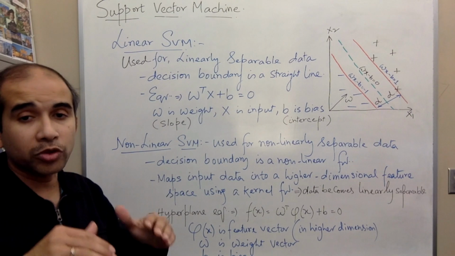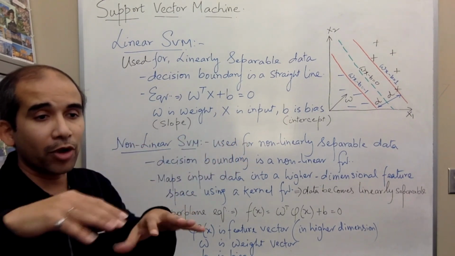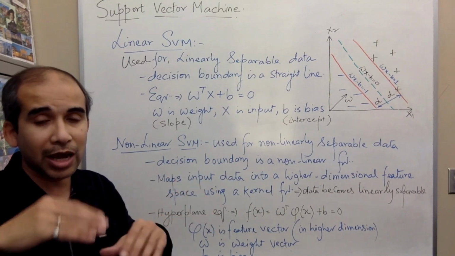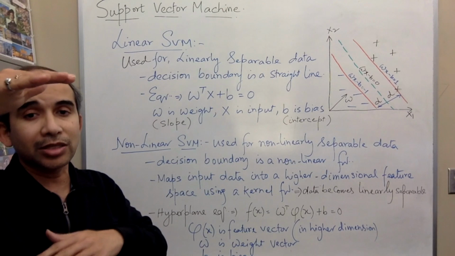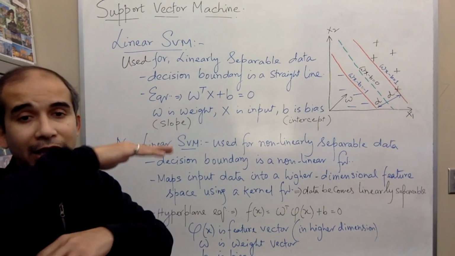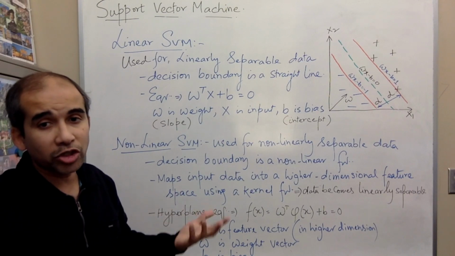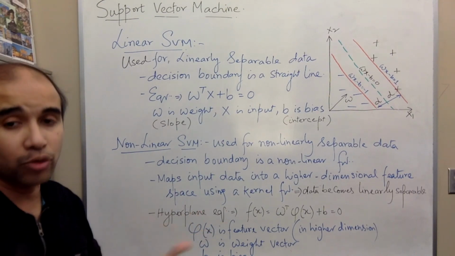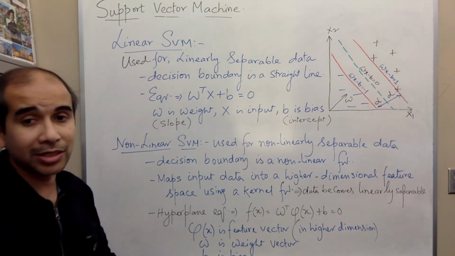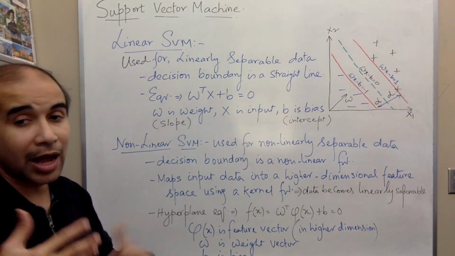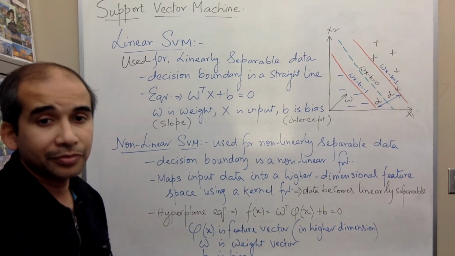And so using that higher dimension, as I said, in 2 dimensions, if there are points which look like a circle and mixed up, in a higher dimension, if we project it, we'll see that the negative instances are at this level, positive instances at this level, and there can be a plane between them. So that will be a hyperplane, and the equation here will be f of x equal to W transpose psi x plus b equal to 0, where psi x is the feature vector in the higher dimension, W is the weight vector, and b is the bias.